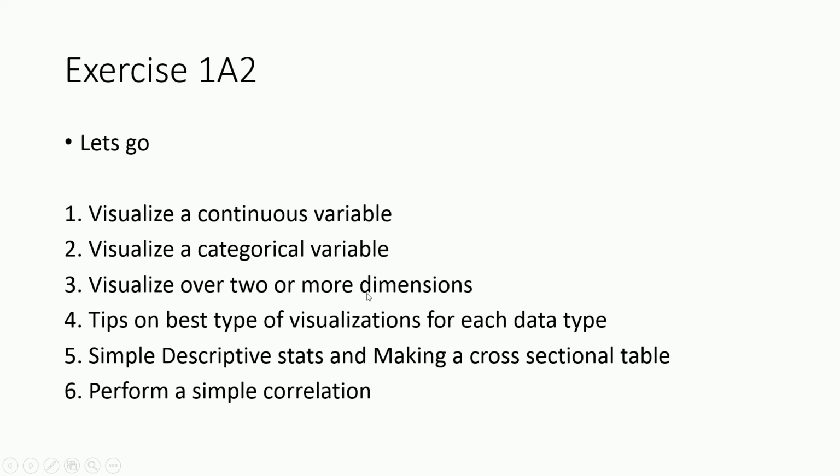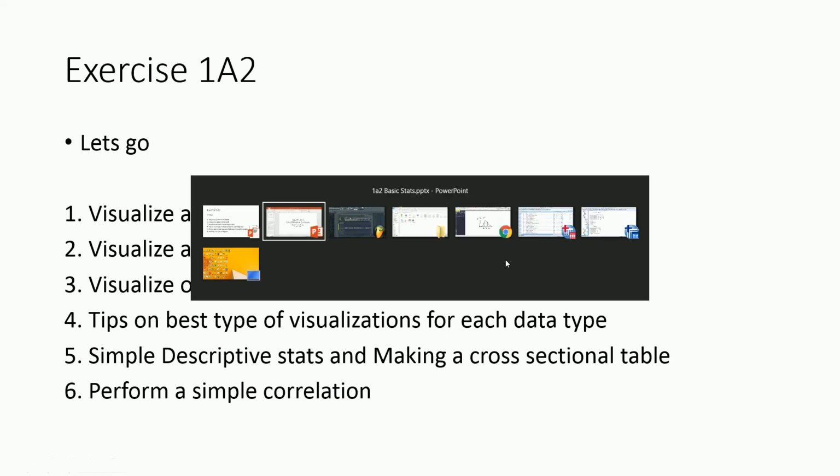While we do that, I'll be giving you some essential basic tips on the best visualizations to choose and how to go about it. Then we'll perform some basic simple descriptive statistics in SPSS. We'll make a cross-sectional table to get you started, and then we'll perform a simple correlation and try to interpret the results as well. So let's get started with the SPSS here.